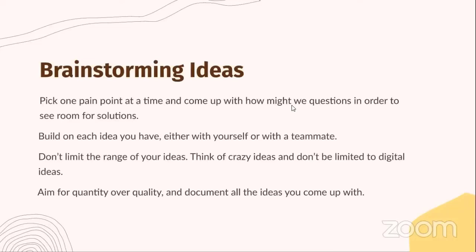So say one idea is to, what idea can I use to build up on the other? The pain point is that they're not getting their orders on time. So you can say there'll be a timer for them to track the orders. People like to feel in control.